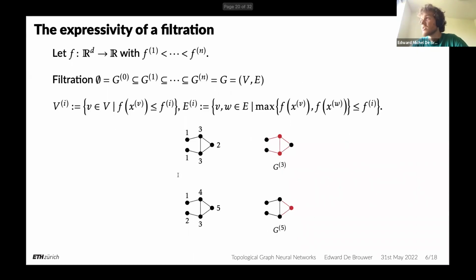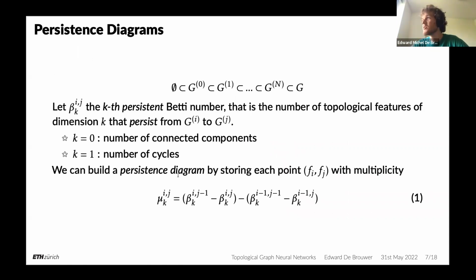So now we have this filtration, which is the sequence of subgraphs of the initial graph G. What we're going to do with this is study how different topological features of the subgraphs persist over time as we increase this threshold, right? What are examples of topological features?